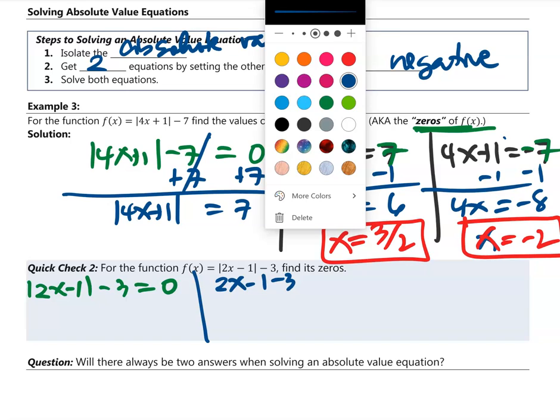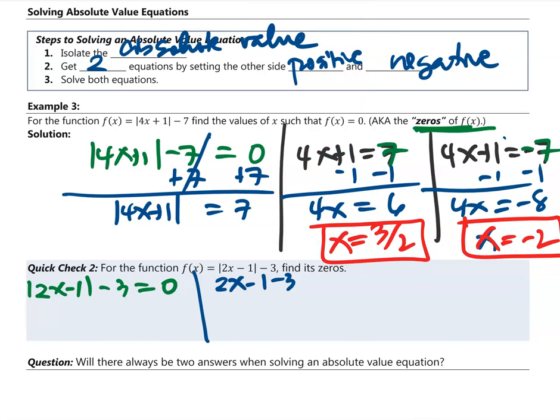You can do this, but we need to isolate the absolute value first, by adding 3 to both sides. And then now get two equations, one positive and the other one negative, and solve for x.